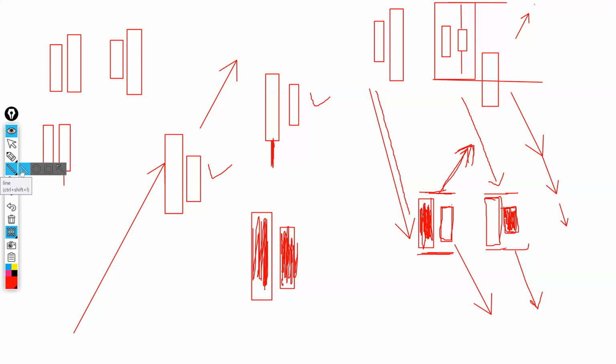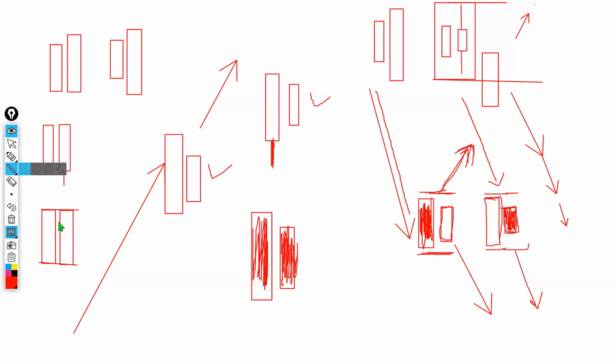And then there's another candle formation I want to show you. Sometimes you can have something like this, two candles of the same length. This is what we call a rail track. Some call it a rail track, the same length.